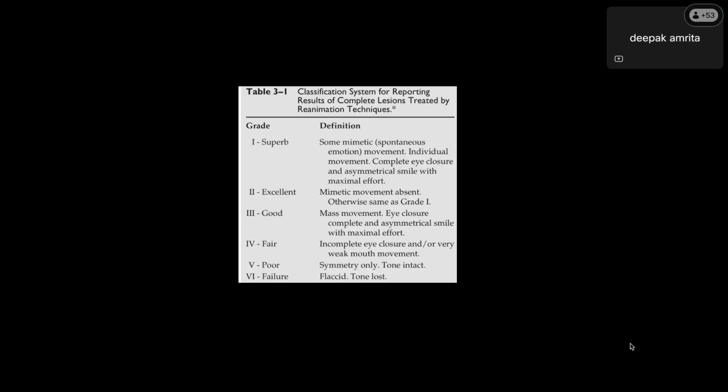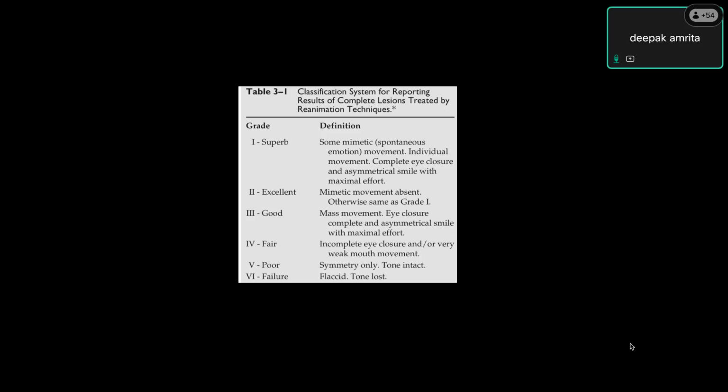So how do you classify your results? Grade 1 is superb results where some mimetic motion is there. Patients can move individual sides of the face. There is complete eye closure. Grade 2, excellent results, is where mimetic movement is absent, but other things are seen as in grade 1.